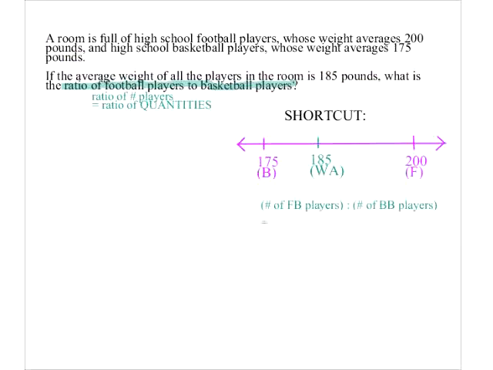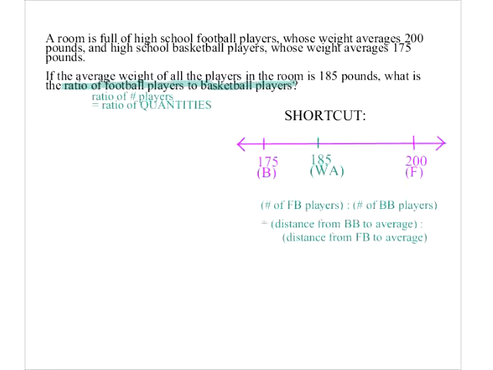So if we find these distances on the number line, it's just the distance from basketball to average to the distance from football to average. Because again, the ratio of the quantities is the same as the reciprocal of these distances.